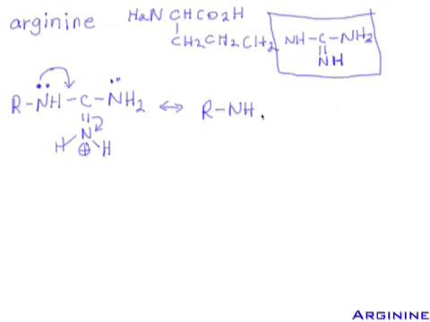And I will get a double bond C here. And then this becomes an NH with a lone pair. Becomes a terminal NH2, and I have a positive now here.